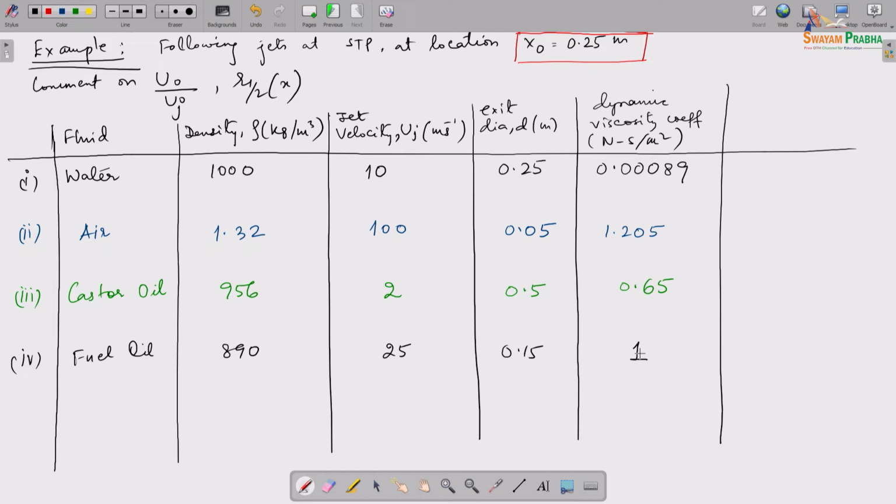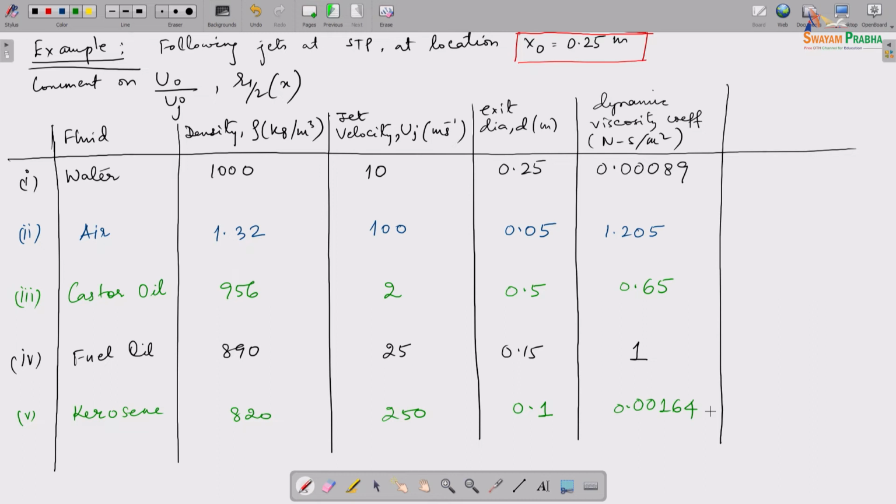And kerosene, so this is 820, this is 250, this is 0.1 and 0.00164. So we have these 5 jets here, and we need to essentially comment on U naught by Uj and R half.